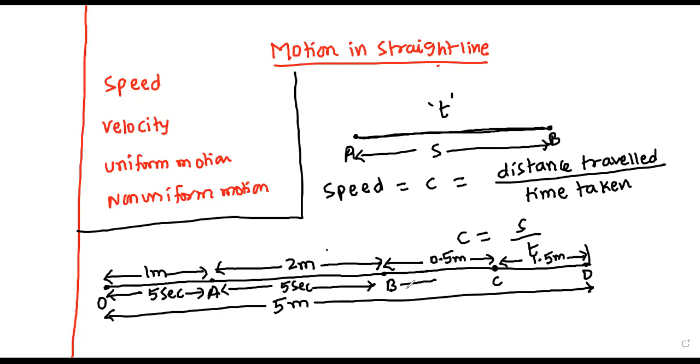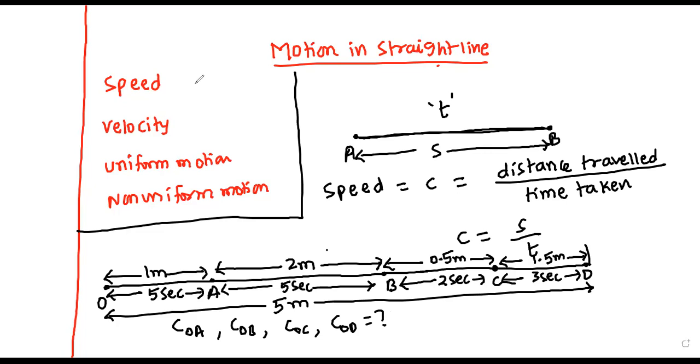From B to C, it takes a time of 2 seconds. C to D, it takes a time of 3 seconds. Now I want to find the speed of OA, OB, OC, and OD. What is the speed of OA, OB, OC, and OD? Is it clear? Sanjana, is it clear? Yes, sir.